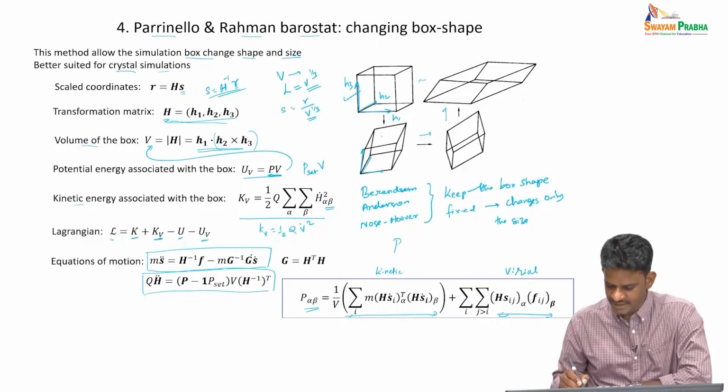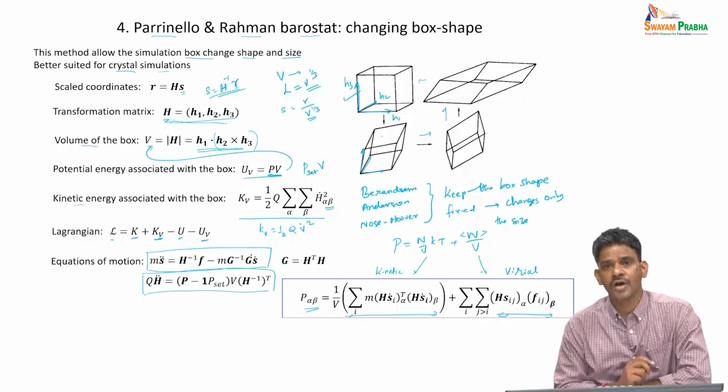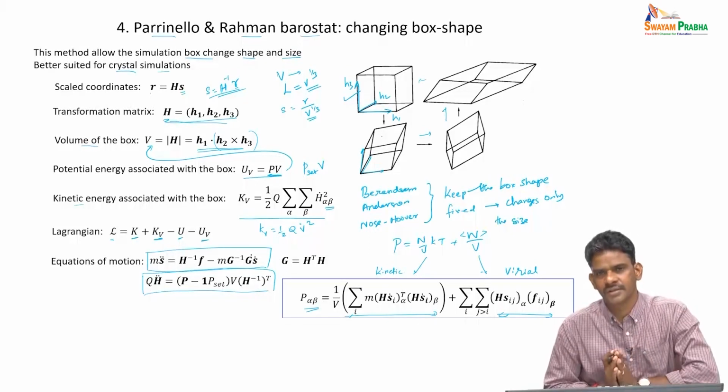So you have to imagine that in the case of a cubic box, we would have simply written P is equal to n by V kT plus the average virial times by volume. So now all these terms are written in component form, because the box is no longer a cubic box.